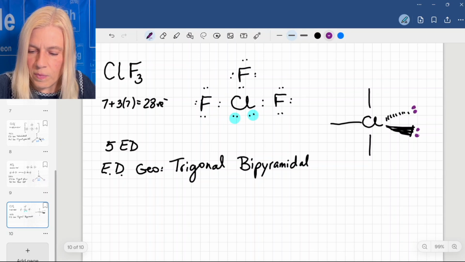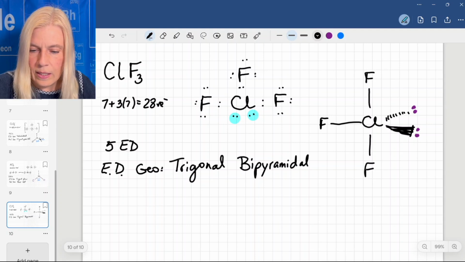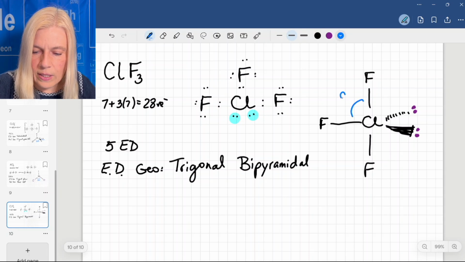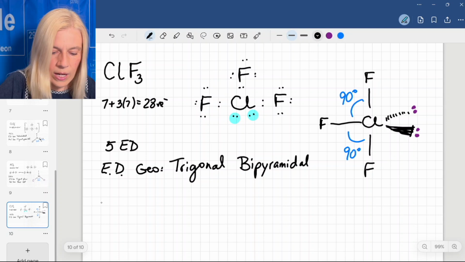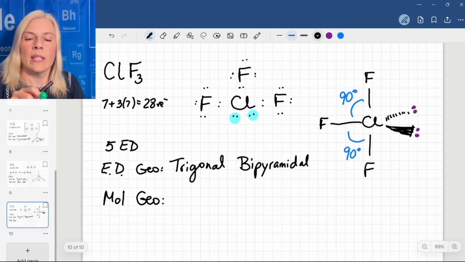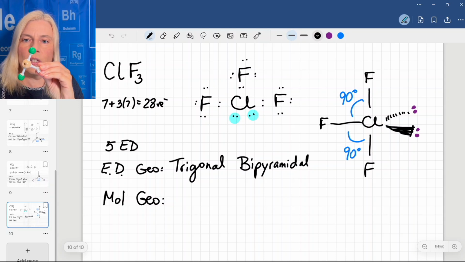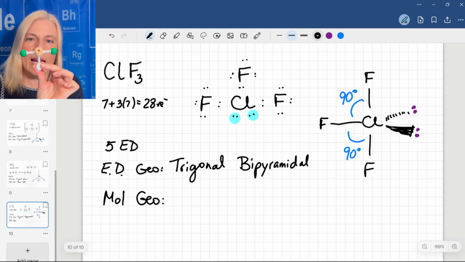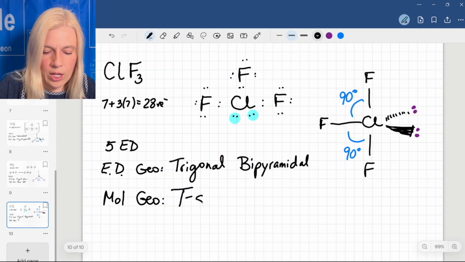We will stick lone pairs here. And now fluorines we will stick here. And hopefully you can see that between these fluorines is 90 degrees and 90. So my molecular geometry is, well, take this molecule right there. So there's two things here that I cannot see. Move it to the side, and it looks like a letter T. So my molecular geometry, we call it T-shaped.